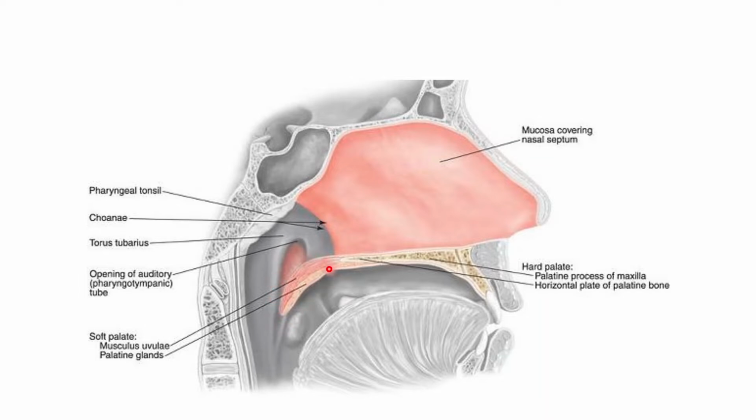This soft palate is made up of fibrous tissue, a glandular component, as well as the palatine muscles. So the soft palate is made up of three components: the muscles, the mucus glands, and the fibrous component.